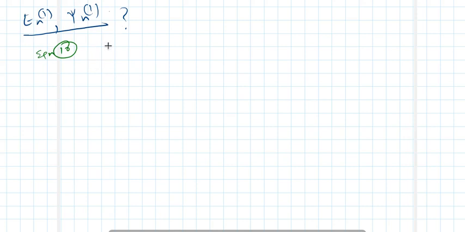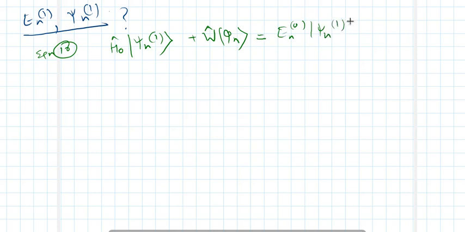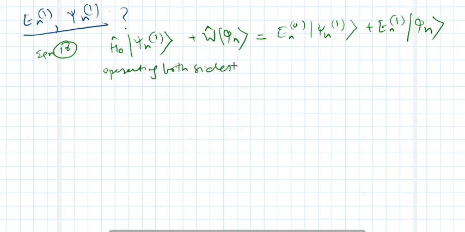This is H naught psi n1 plus W phi n is equal to En0 psi n1 plus En1 phi n, operating both sides with phi n. So if I operate with phi n, then what will happen? Let us see.